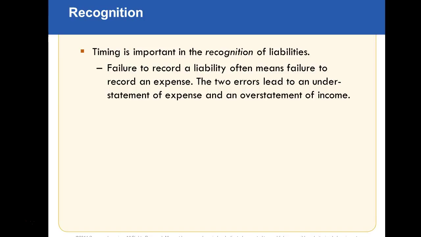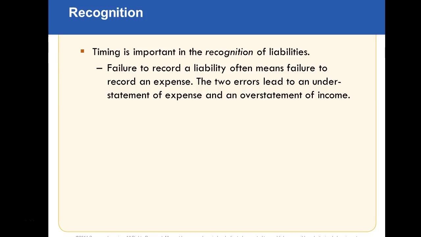Failure to record a liability often means failure to record an expense. The two errors lead to an understatement of the expense and an overstatement of income. So what that's trying to say is usually when we have a liability, associated with that liability is an expense. Okay? Think about this. We had a serviceman come out. What happens when we get the bill from the serviceman?